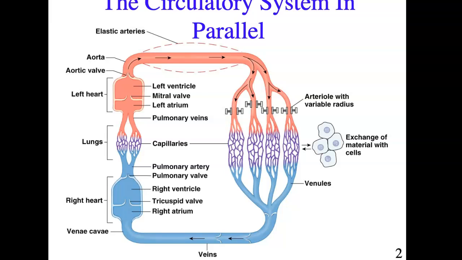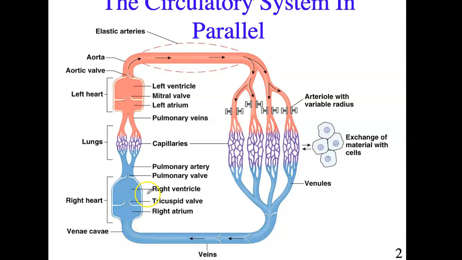This diagram I like a lot. The words are cut off a little bit. The circulatory system in parallel. When you draw it like this, you get a really good idea of how we could regulate that flow going to different organs.